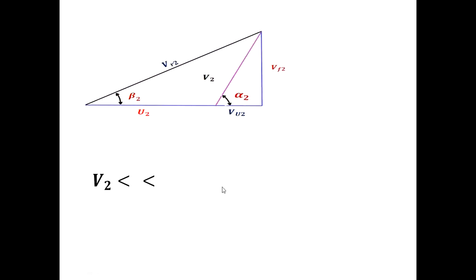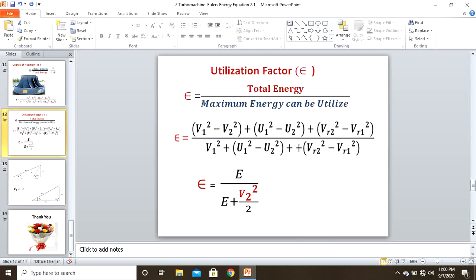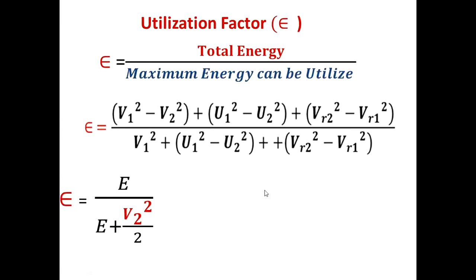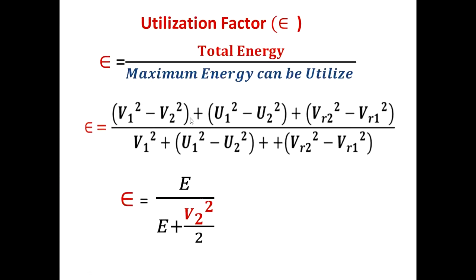Next we can go for the maximum utilization factor. A very important concept. You see in this last equation, what have you seen? In this equation your V2 is very small. If V2 is very small, then this will be the maximum. Are you getting my point?